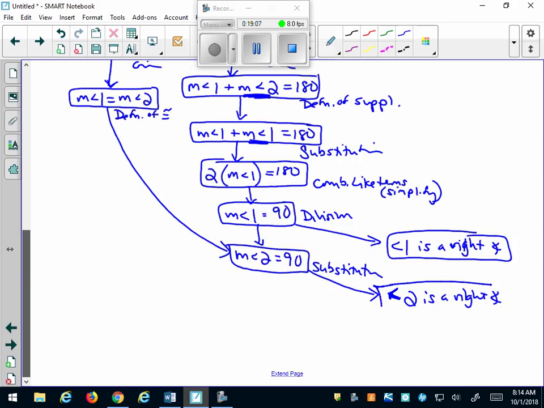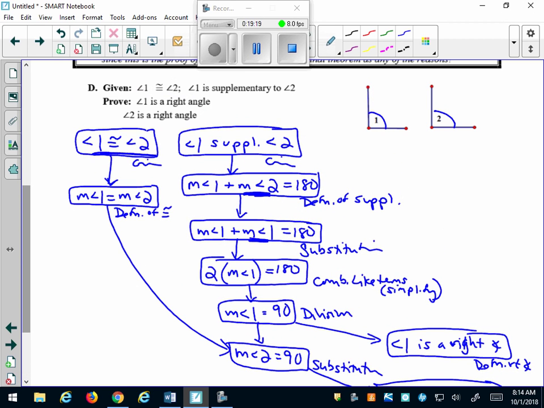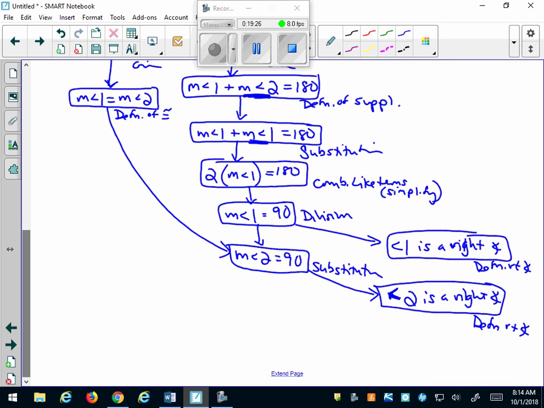These are both by definition of right angle. So we've proven that if two angles are both congruent and supplementary, we follow these steps and prove that each one of them must be a right angle.